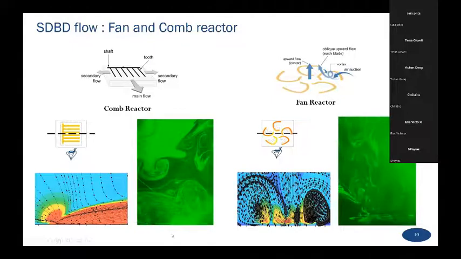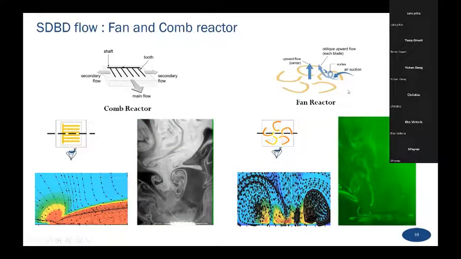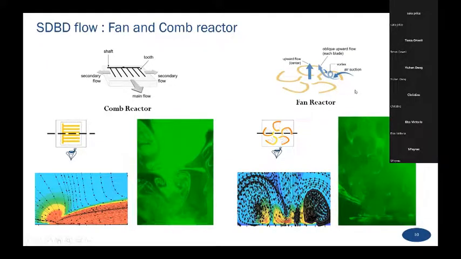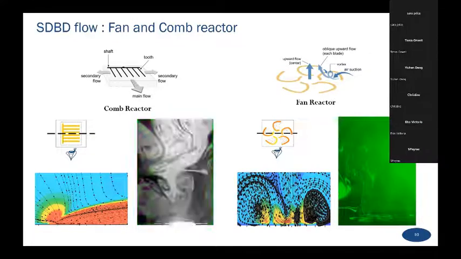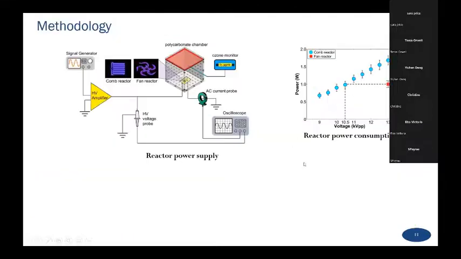If you compare it to the comb reactor flow distribution, we see that the fan reactor really results in a more 3D flow structure than the comb reactor. This difference will be used to explain spatial ozone distribution and decontamination distribution, resulting in targeted decontamination.